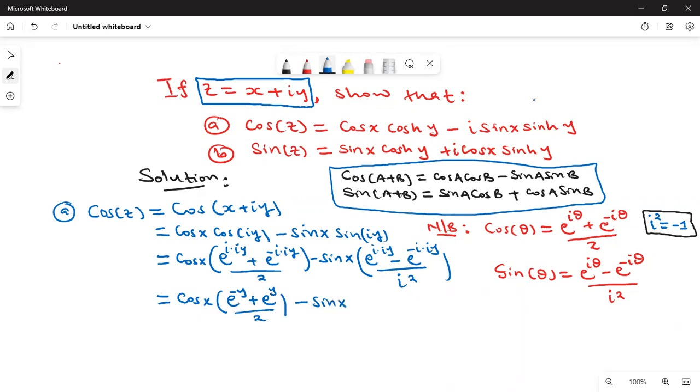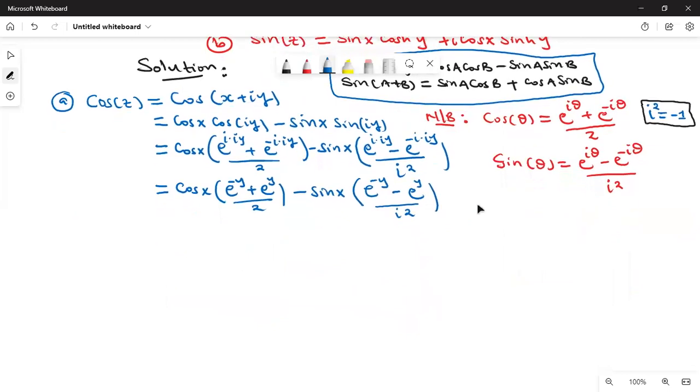Let me factor out 1 over i outside, or simply 1 over i. So instead of factoring out, this can still be written as exponential -y minus exponential, that's now positive y, over i2.